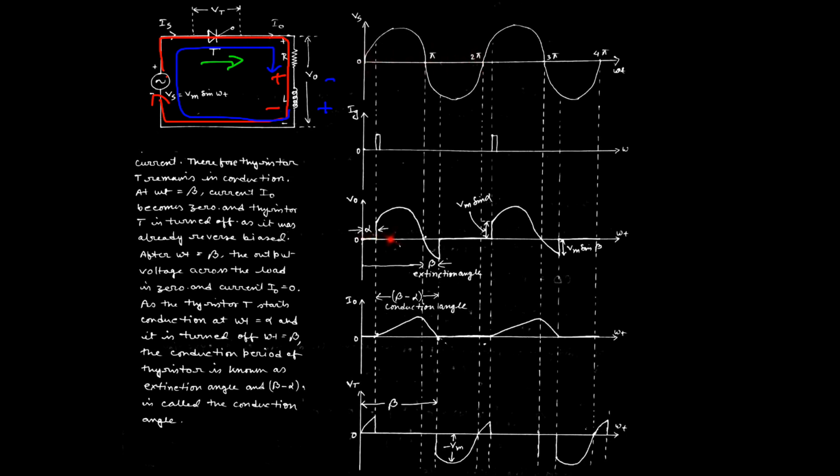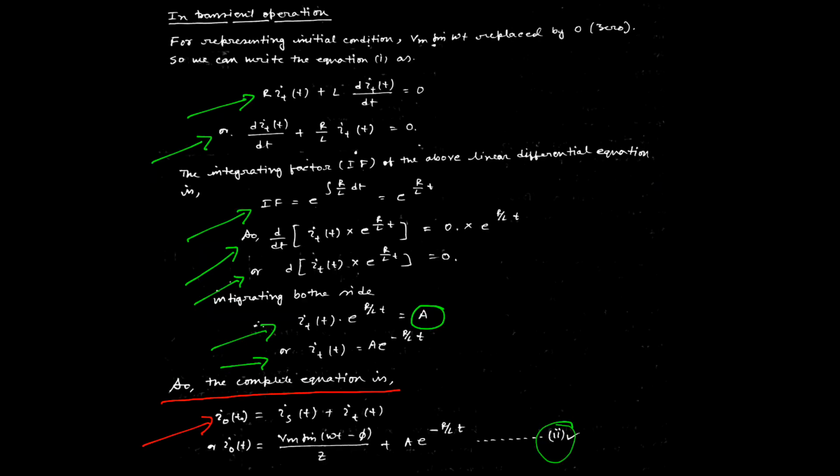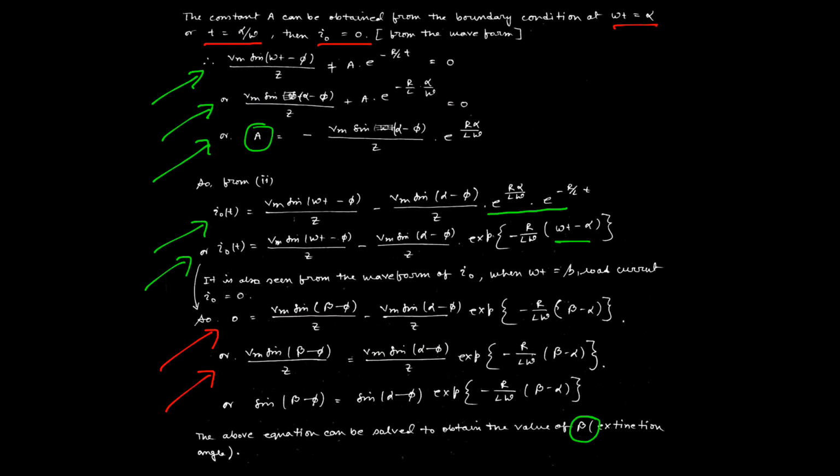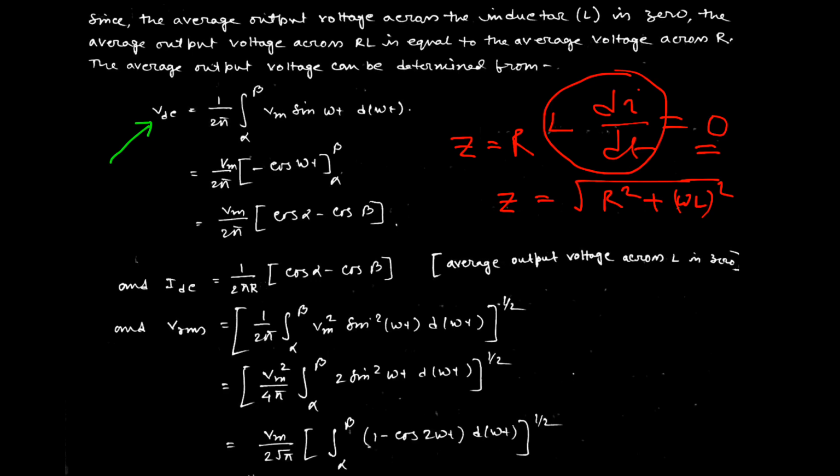In this case, from 0 to 360 degrees, the number of peaks is 1. So the average can be written as the number of peaks in a complete cycle, 1, divided by 2 pi for the complete cycle.